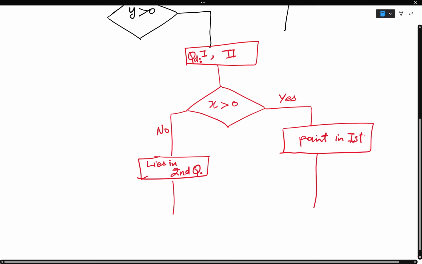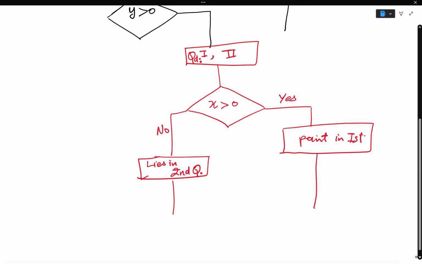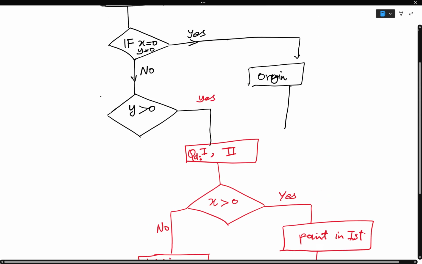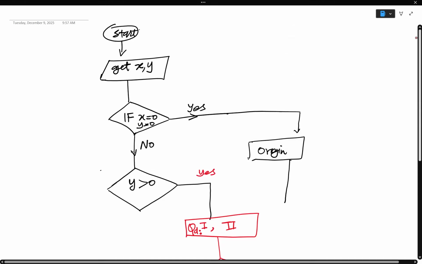This information is then collected at the junction. So the first and second quadrants have been decided, and now let's see the other option.